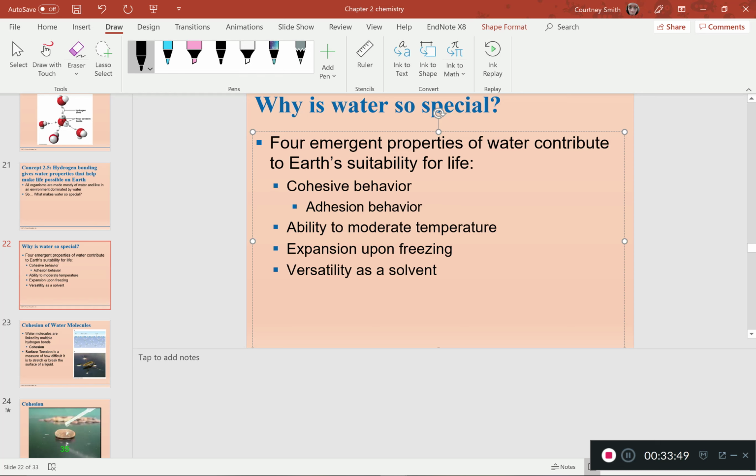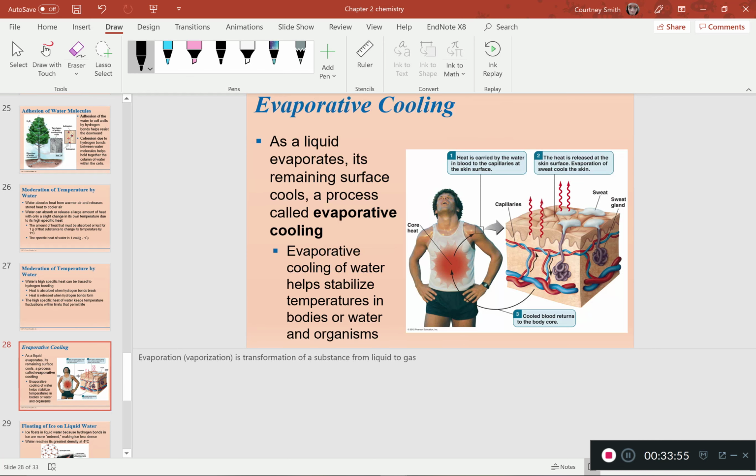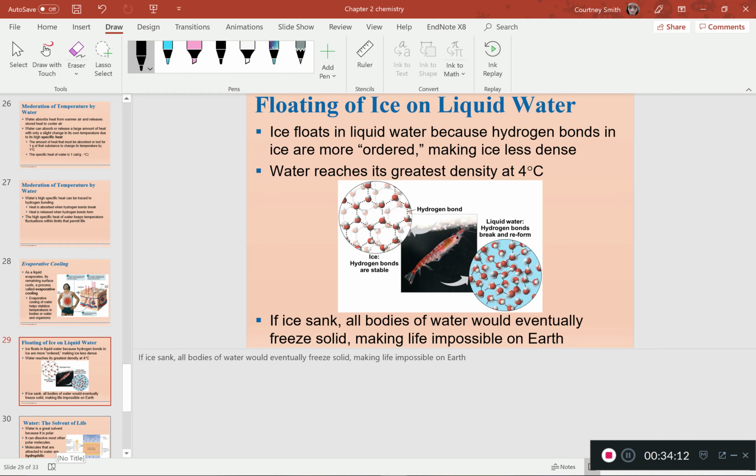Another thing is that it has the ability to regulate temperature. Us humans, we use this evaporating system. With water being evaporated, heat is being released, and with heat being released, we are cooling ourselves. And then also the expansion during freezing, which is why water floats.